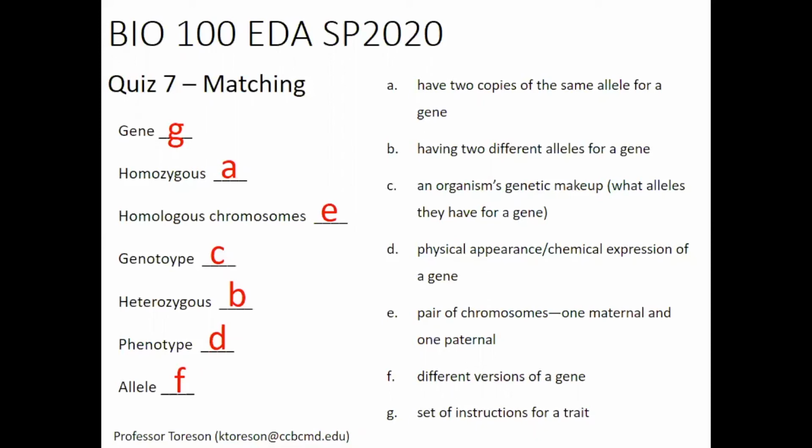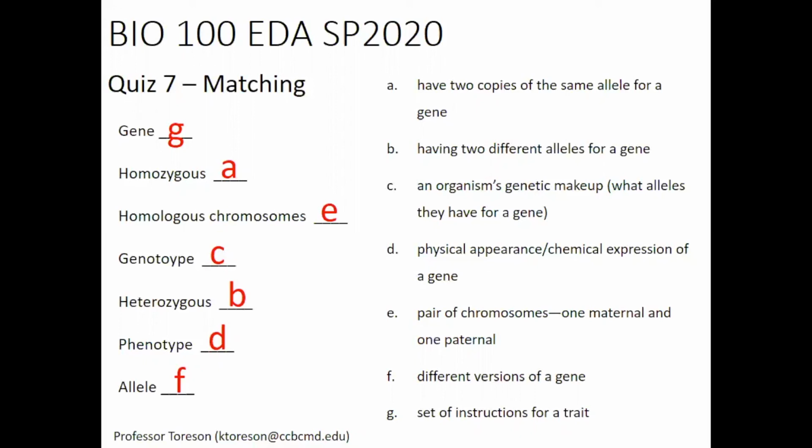And speaking of heterozygous, the term heterozygous means having 2 different alleles for a gene. So for example, heterozygous individuals will have a copy of the dominant allele and a copy of the recessive allele.